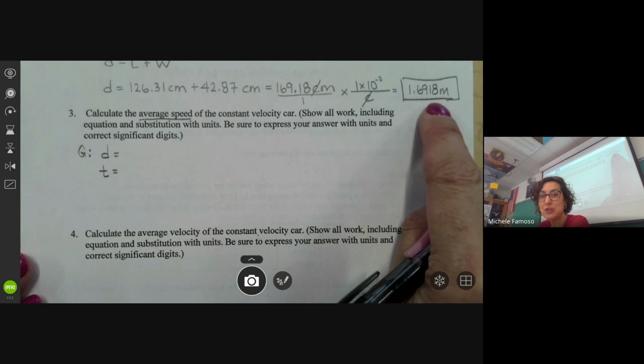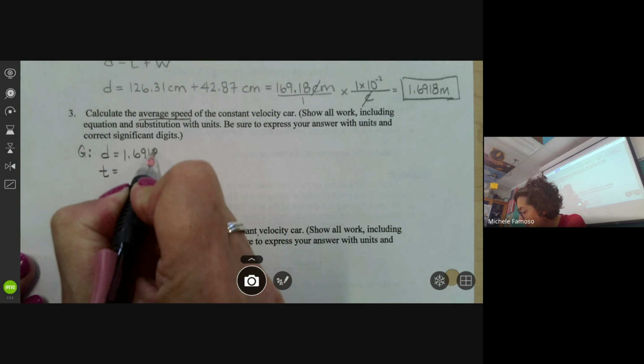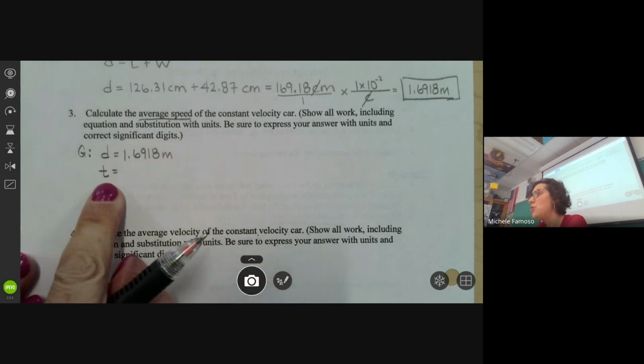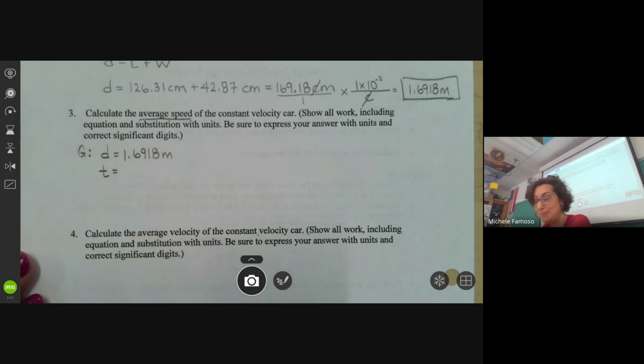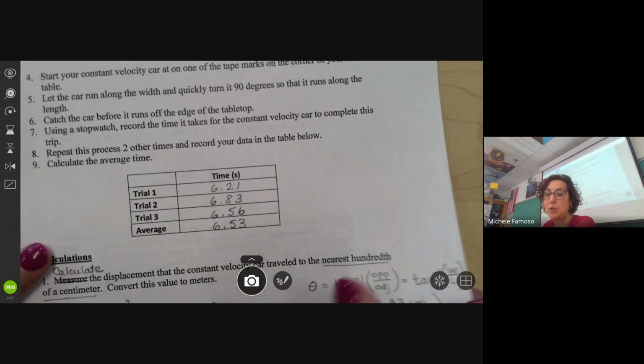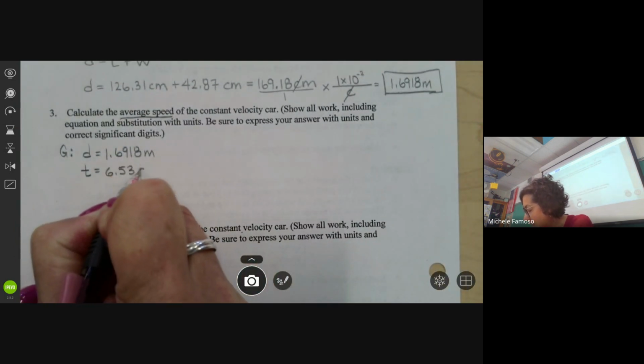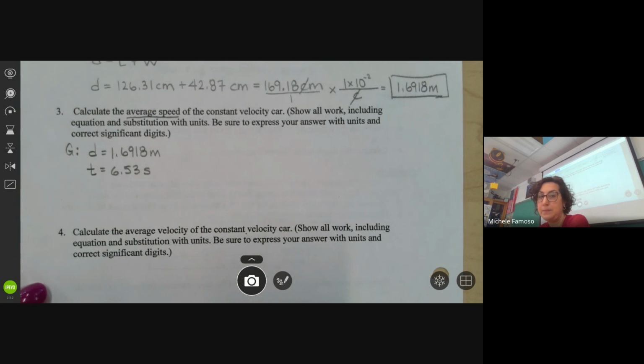Yeah, your answer to the previous question in meters. Where are you going to get your time? Raiden? Yeah, the average time from the data table on the front, whatever your group's average was. And that's in seconds.